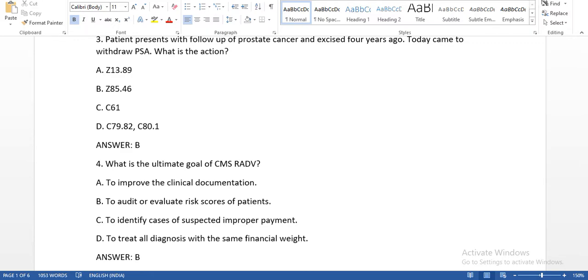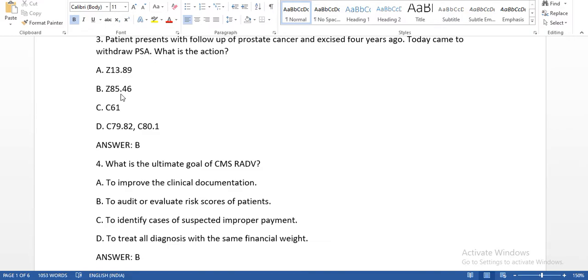So here the answer is Z85.46, option B. Already the patient has had the prostate excised, so because of that we need to code Z85.46 as history of prostate cancer. If the patient has current cancer, we need to code C61. Here the patient has a PSA test, but we don't know the result.